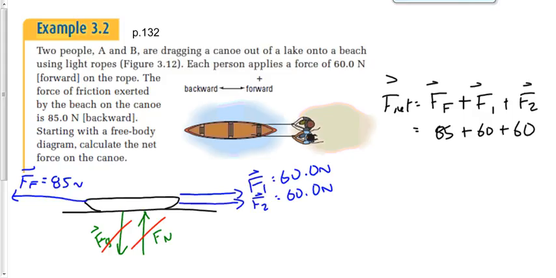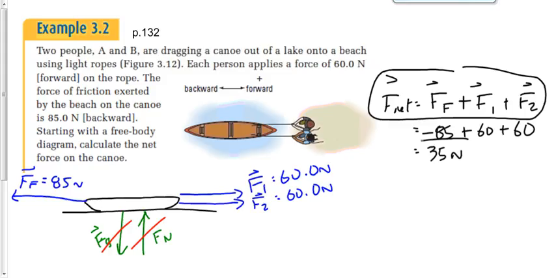Yes. When we add them up here, we're just going to call them all positive because we're finding the sum of all the forces. But when we're adding them up with numbers, we have to take into account direction. Negative 85 plus 60 plus 60 is going to give me 35 newtons. The net force acting on that canoe is 35 newtons.